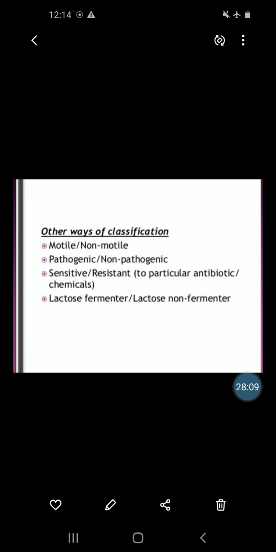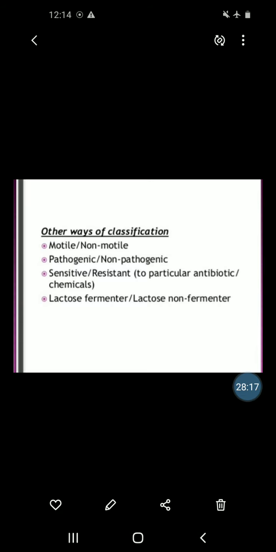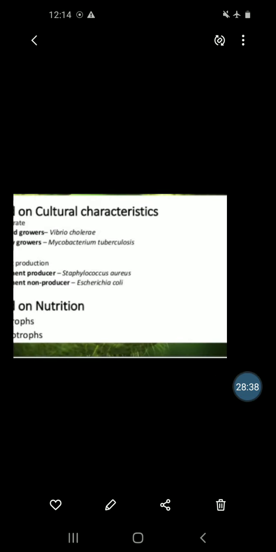Then lactose fermenter or lactose non-fermenter.